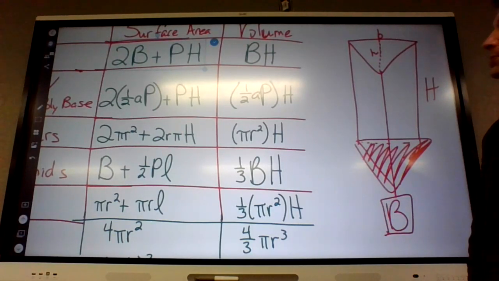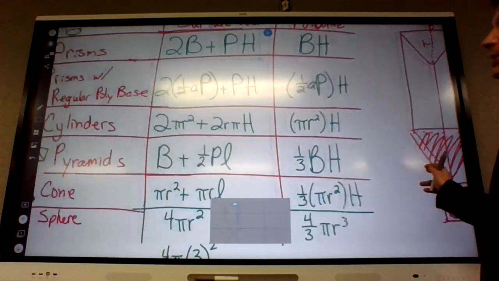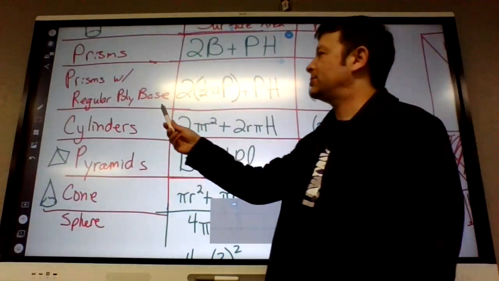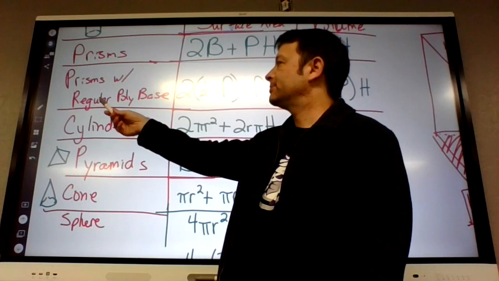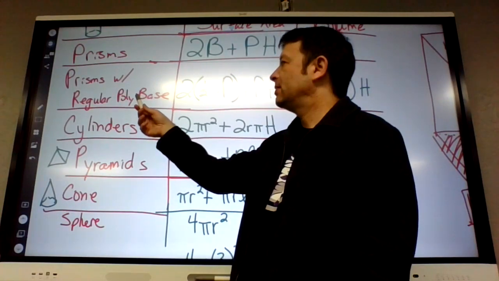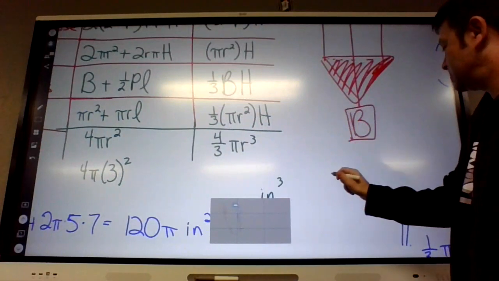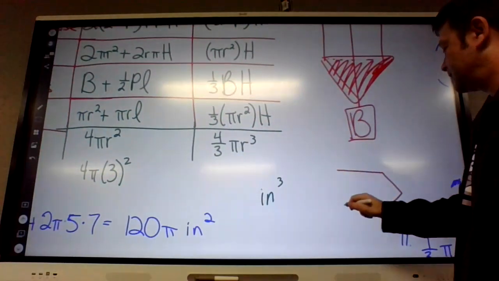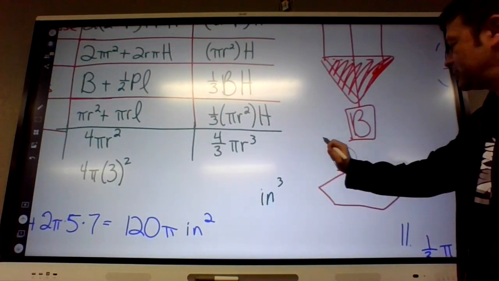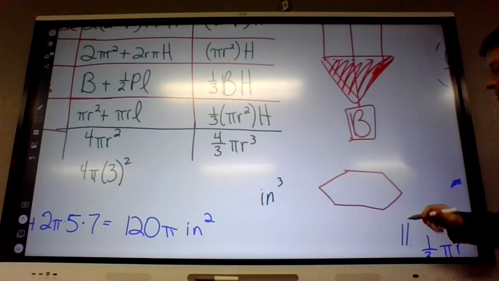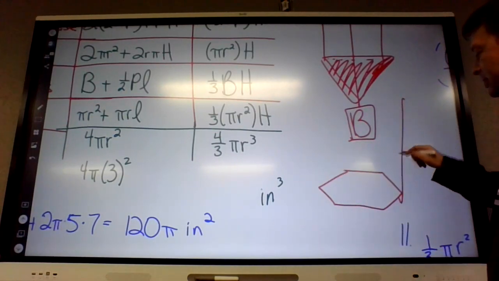Okay, so for a regular polygon base, what do you think that means? Like a hexagon. Okay. Remember yesterday we talked about finding the area of regular polygons? How do we do that?